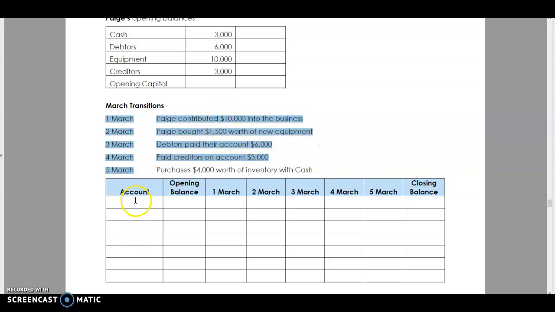So enter the account names down here. You can calculate the opening capital, put that down there as well, and then put in your transaction for each transaction for the 1st of March and the 2nd, 3rd, 4th, and 5th, and then calculate your closing balance.